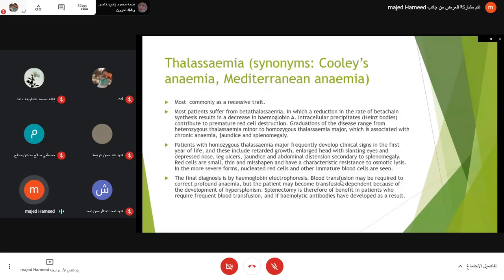The final diagnosis is by hemoglobin electrophoresis.